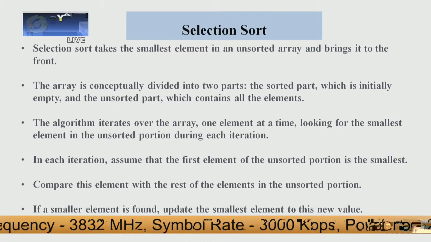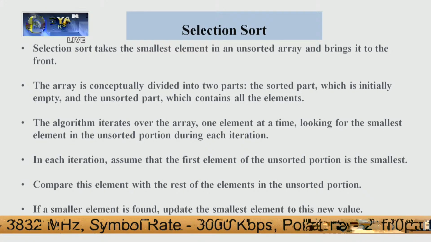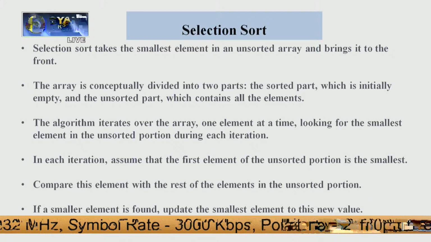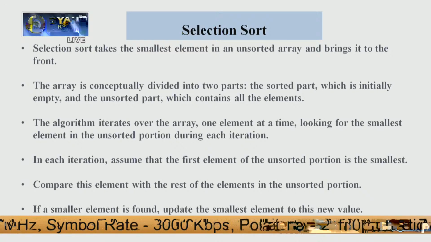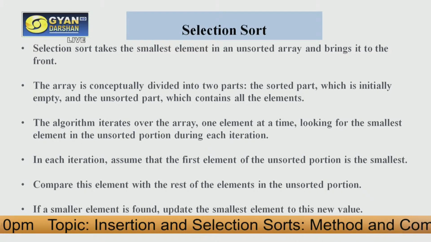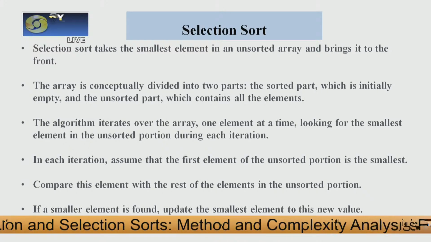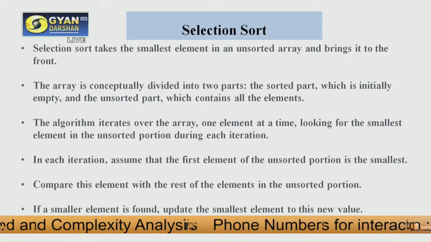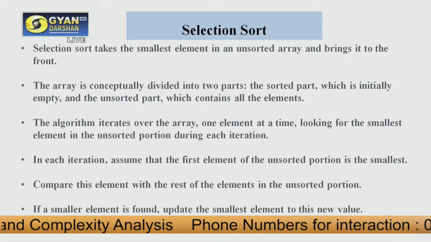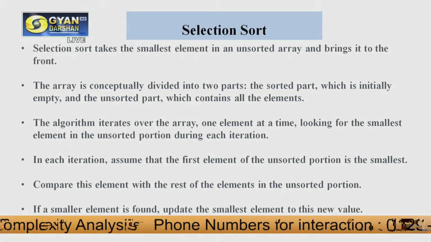So in the beginning, when we have the unsorted list, wherever we find the smallest element, we place that at the first place, and the first place element is transferred to that smallest element's location. So now the smallest element will be at the first place.